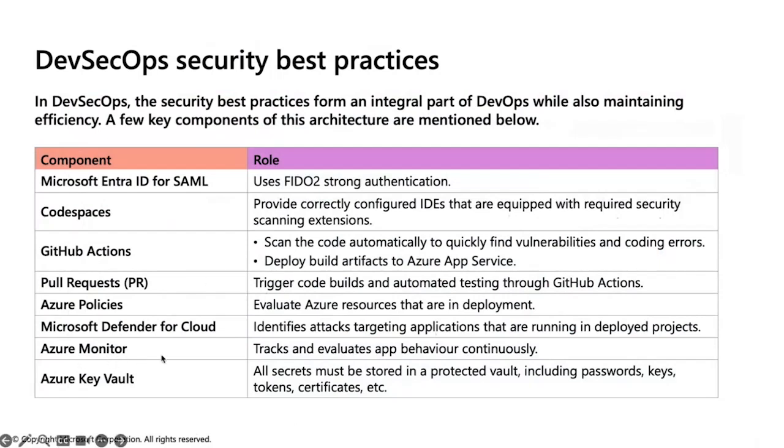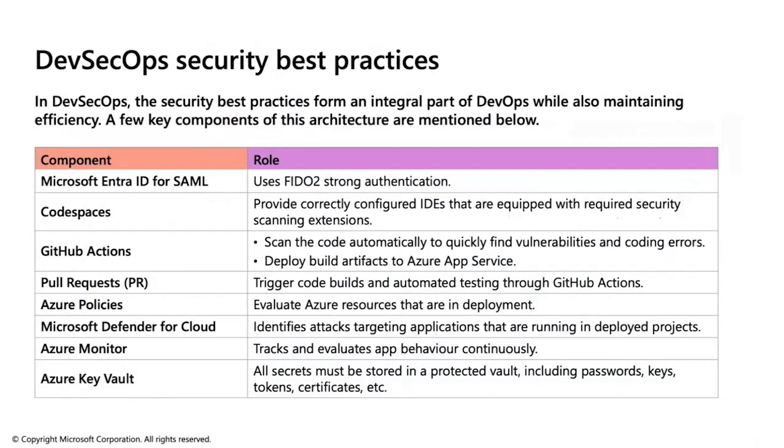Then we have Azure Monitor. Azure Monitor tracks behavior and monitors the applications. We can also use Application Insights for more in-depth monitoring. Key Vault: we can consider using Key Vault for keeping our secrets and certificates safe.